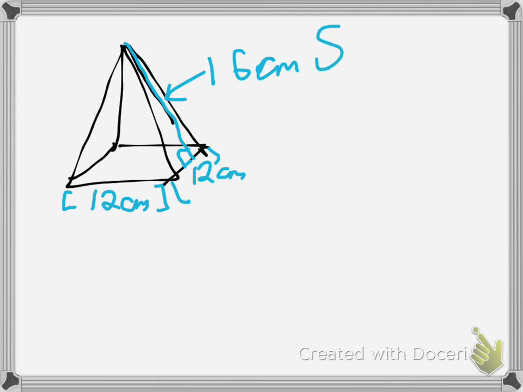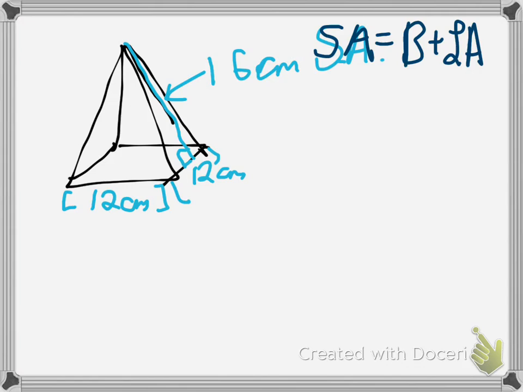Alright, so we're going to find the surface area of this figure. So the surface area equals your base plus your lateral area. So we can find our lateral area.